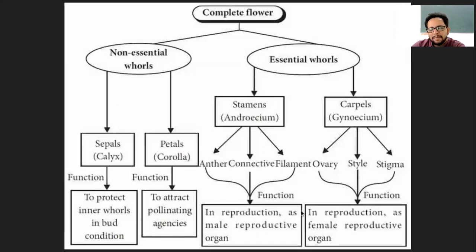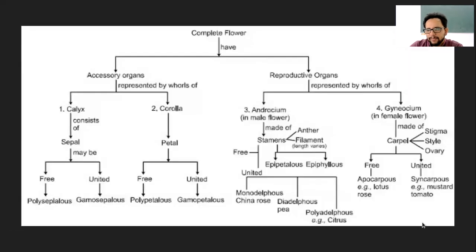Stamen takes part in reproduction, being the male reproductive structure, and the same is the carpel, taking part in reproduction as the female reproductive structure. So that is a quick summary of what we have seen so far. Here is another representation of the different classifications you see at the bottom, which we will see later.